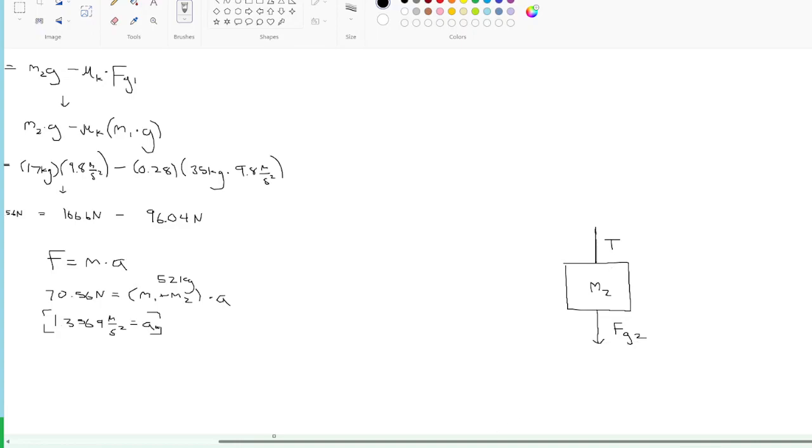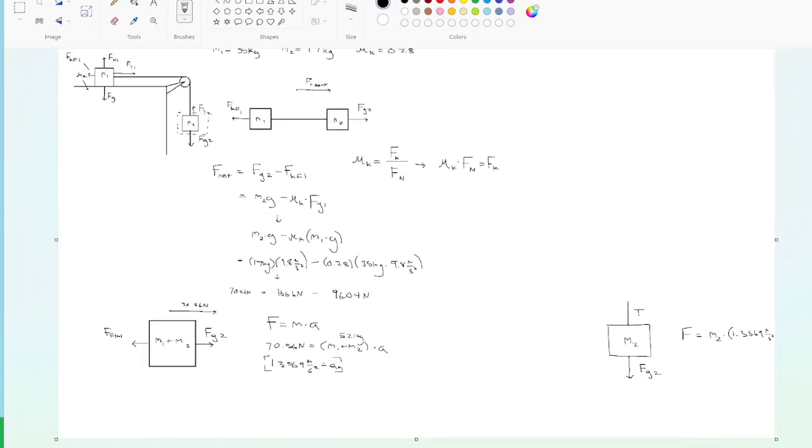This block is supposed to be falling with a force of Fg2, which is equal to mass 2 times gravity, but this block is actually only falling with a force that is equal to m2 times the net acceleration, which is 1.3569 meters per second squared.